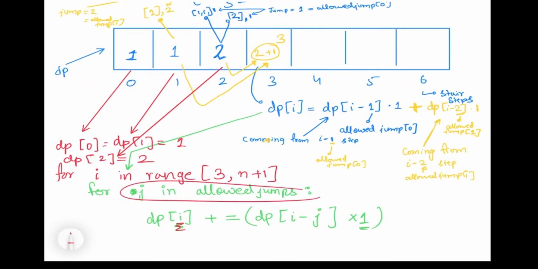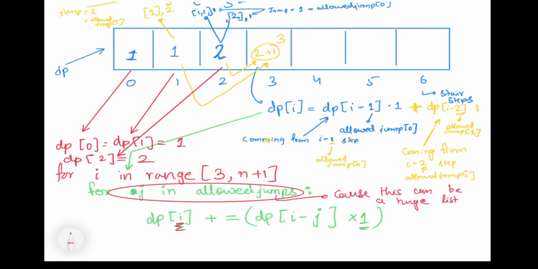Now, why did we bother to write for j in allowed jumps instead of just dp[i] is equal to dp[i minus 1] plus dp[i minus 2]? This is because this allowed jumps list could have been a huge array, and in fact it could have been user fed. For example, a person can jump 1 step, 5 step, 10 step, whereas another person can jump only 1 step and 3 step.